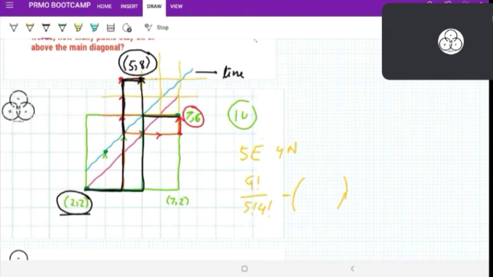Three units right, or you can say 3 units east, and 6 units north. The number of paths is 3 plus 6, 9 factorial by 3 factorial, 6 factorial. So these are the number of paths which cross the given red line. And if we subtract it, we'll get the number of lines which don't cross the given red line. And this is our result.